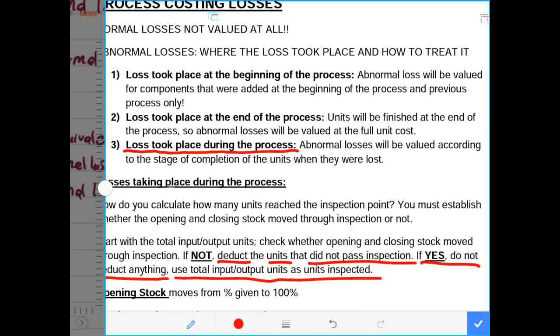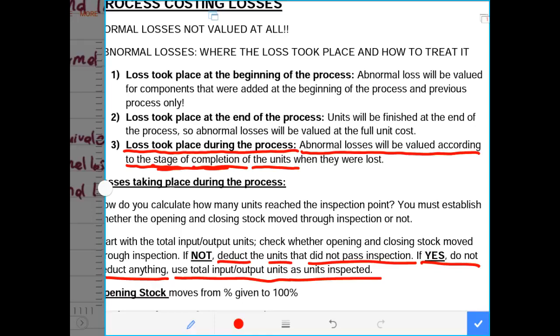Why does it say during the process? Because we inspected when the units were 50%, meaning it was obviously during the process. And it says abnormal losses will be valued according to the stage of completion of the units when they were lost. The units were lost when they were 50% complete, because that was when the inspection took place. That is why we allocate 50% of that to the conversion cost.